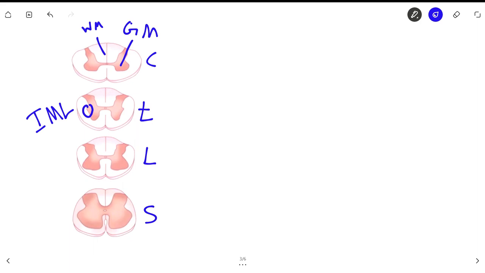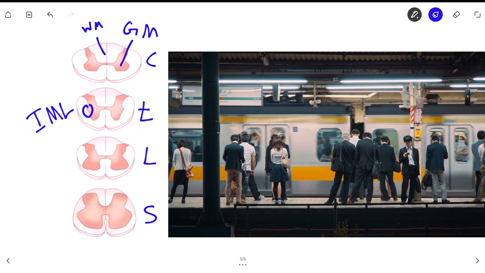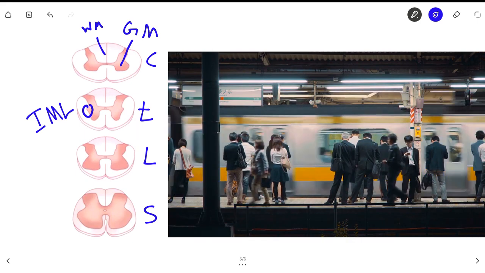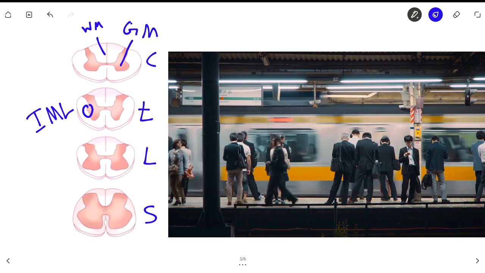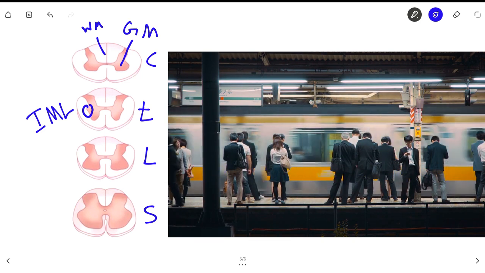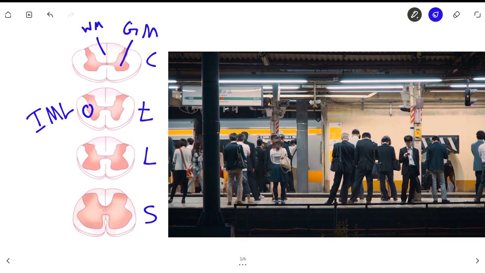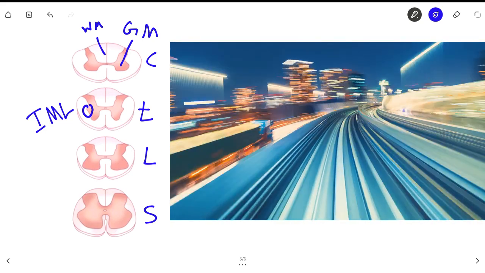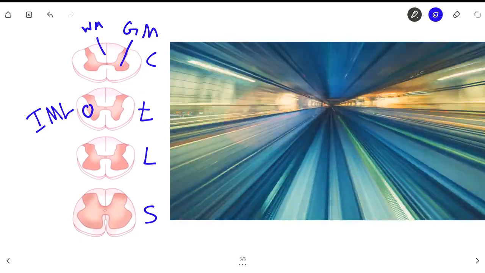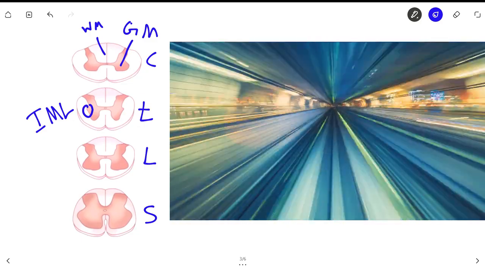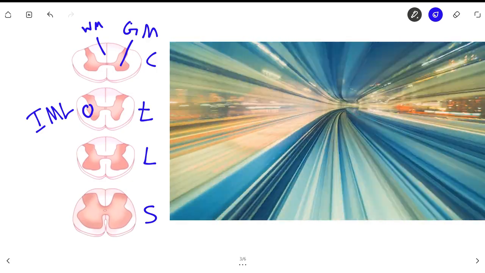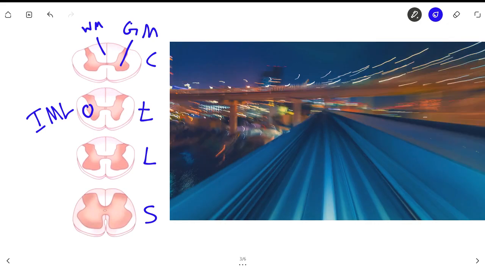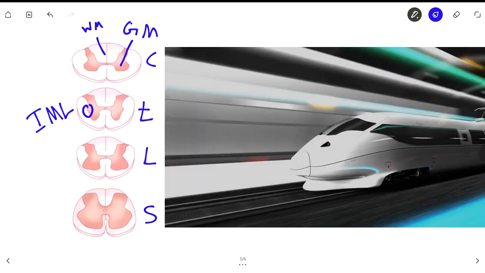Think about it as a train that starts in your brain and then goes to the first stop, which would be your cervical, let's say, and all the passengers leave the train, or in this case, the neurons leave the train, and then the train goes to the next station, which would be the thoracic region, and all the passengers and neurons would get out, and there would be fewer passengers in the train.